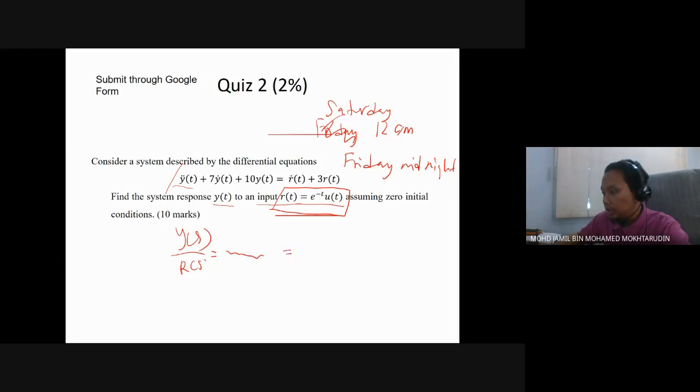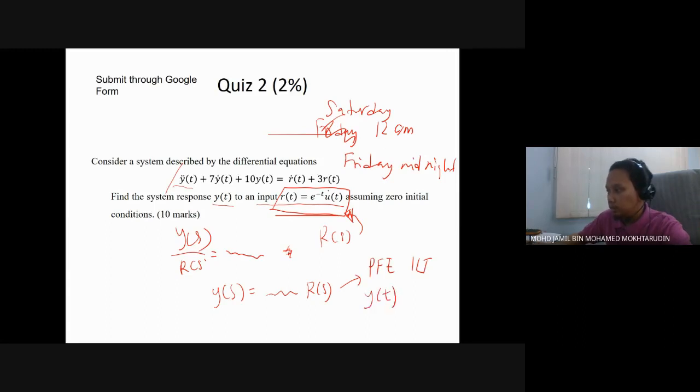So you get Y(s) over R(s) equals something. Then you get R(s) from here. And then after that, you determine Y(s) equals something times R(s). And then from here, you will use partial fraction and inverse Laplace transform to get y(t). Okay, so that's the step.